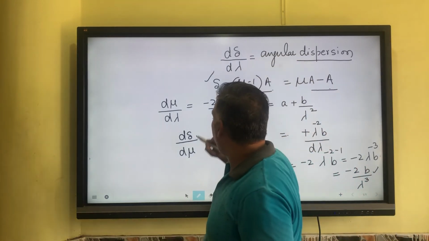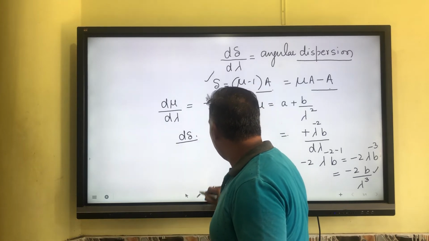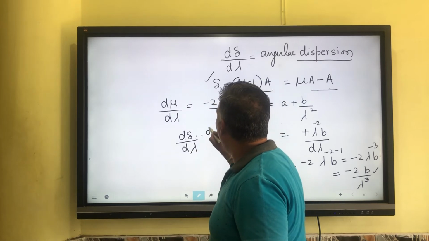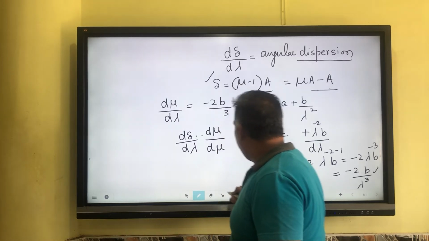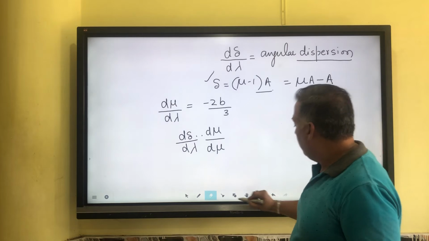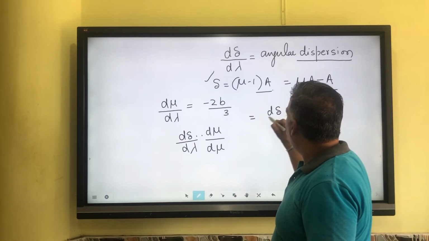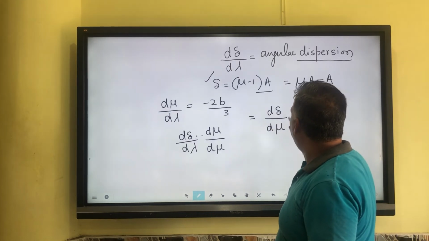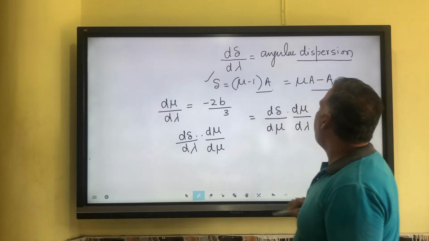What should I do? Here it was d delta by d lambda. I multiplied by d mu and divided by d mu, so the value becomes d delta upon d mu into d mu upon d lambda.